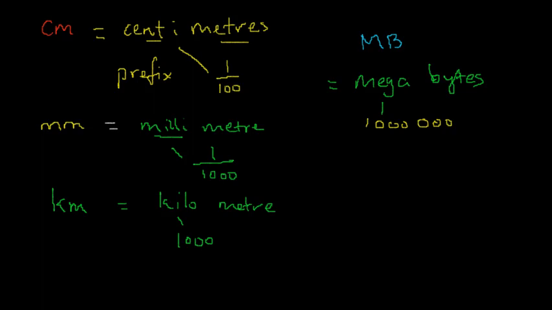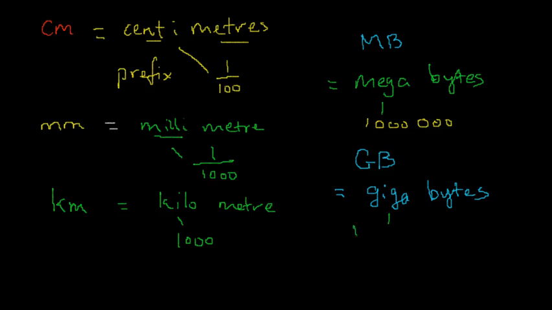Now let's look at another one that is commonly used in computers these days. That would be GB, gigabytes. Okay, so that's giga, G-I-G-A, bytes. So giga means 1 billion.